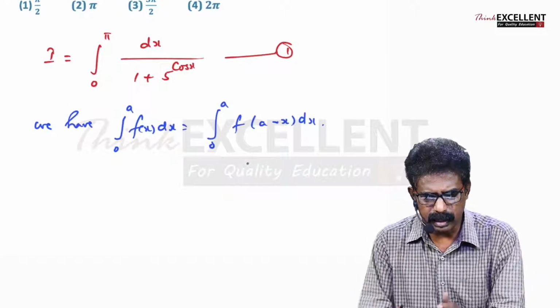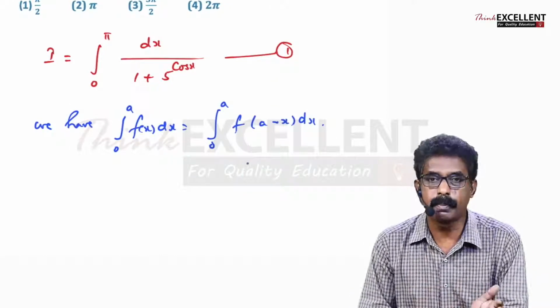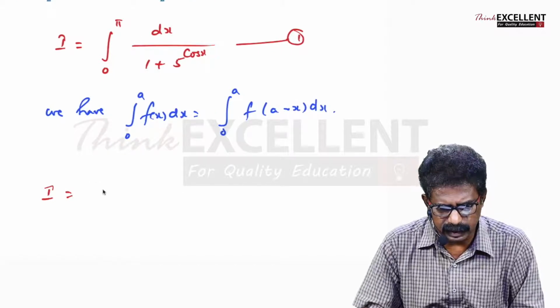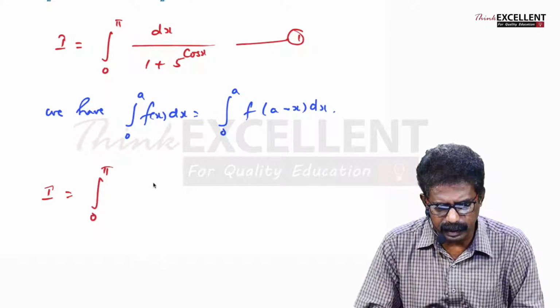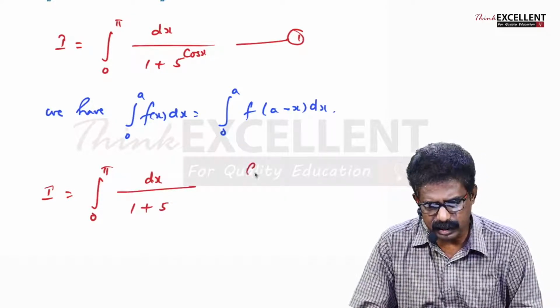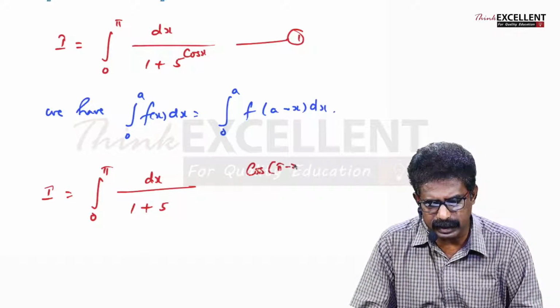So what you do here, wherever x comes, you put pi minus x. So you can say again I equal to, write the limit as it is, integral 0 to pi dx by 1 plus 5 raised to cos, don't write x, you write (pi minus x).